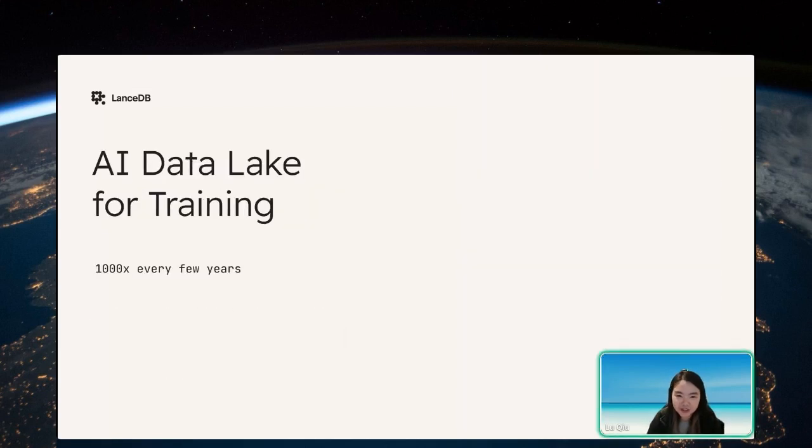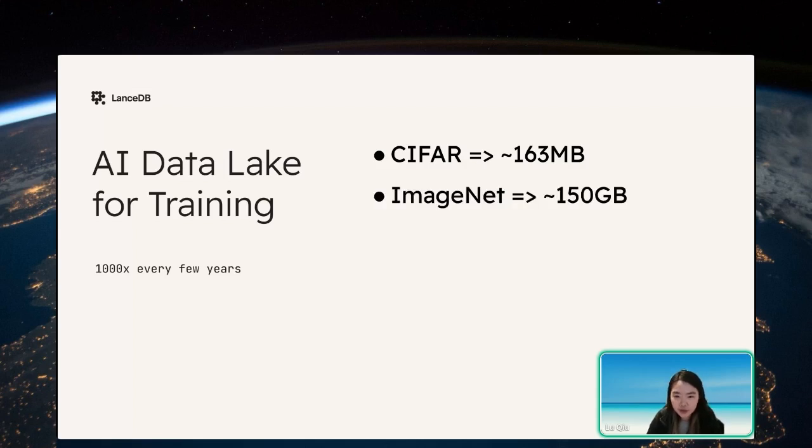It's generated much more quickly. And for training workloads, we also have many different datasets. The CIFAR dataset is around 160 megabytes. After that, training datasets like ImageNet grow to 150 gigabytes.